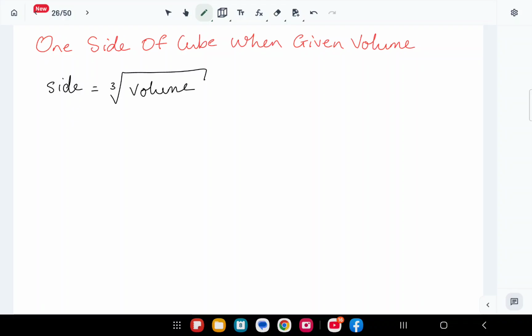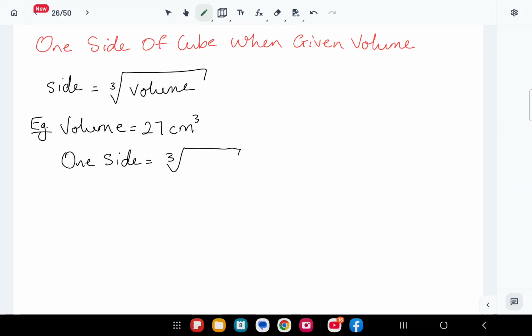So if we now have the volume of the cube equal to 27 centimeters cubed, one side, based on what the formula said, is the cube root of the volume, which is equal to the cube root of 27 centimeters cubed.